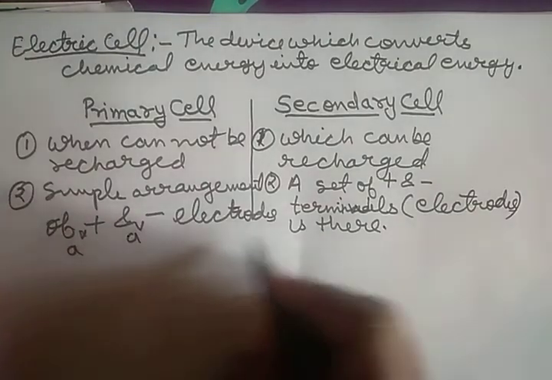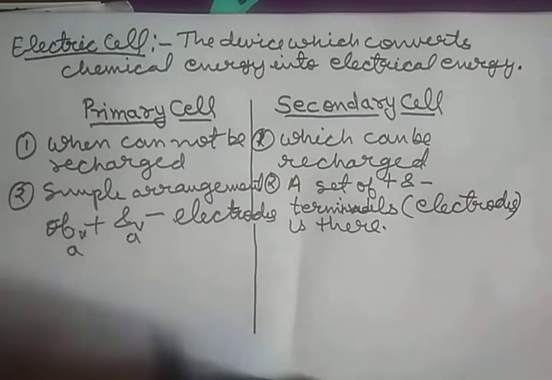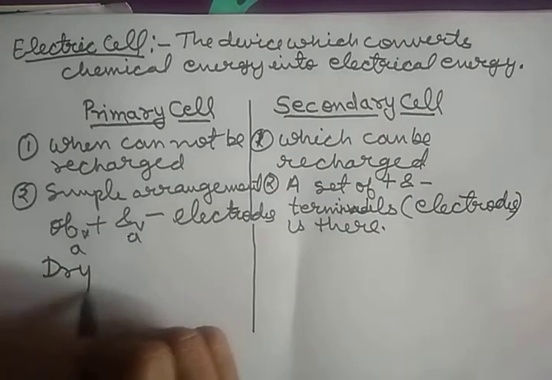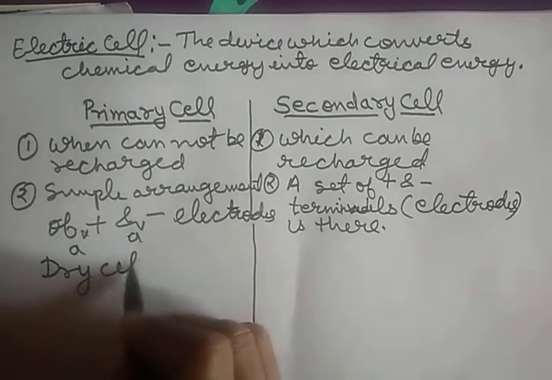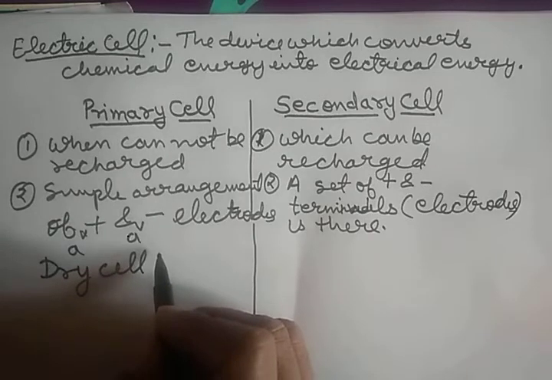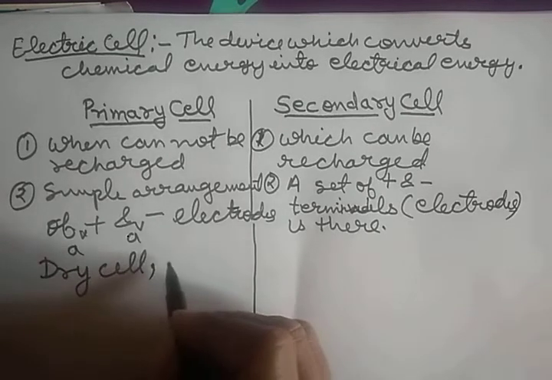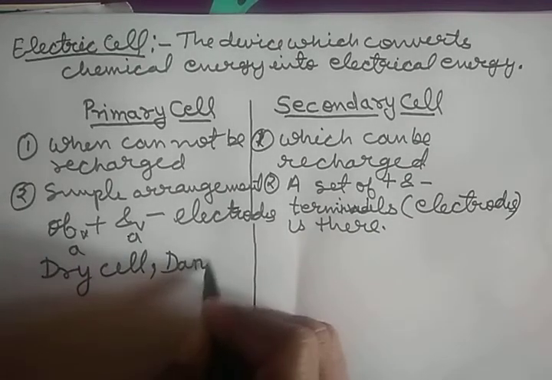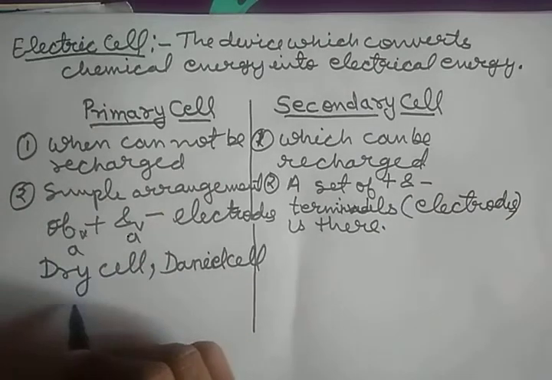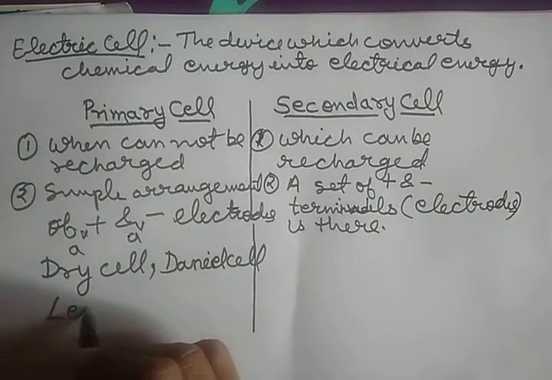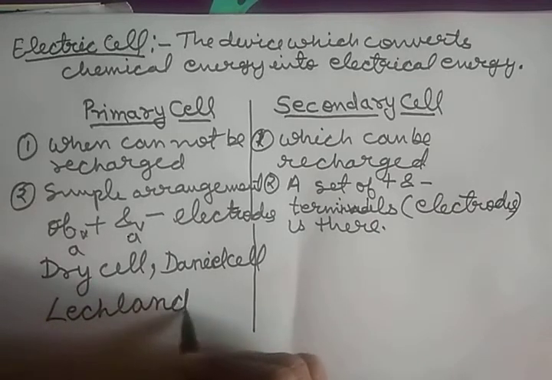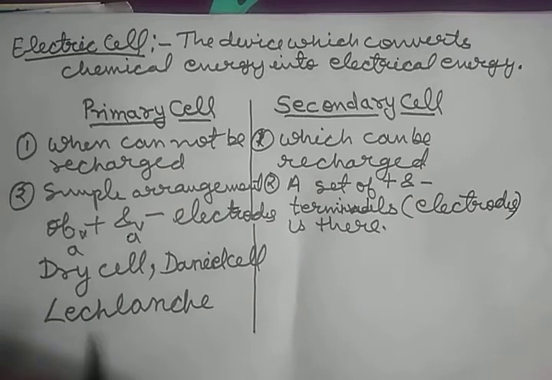Primary cells, like ordinary dry cells which we often use, there are some others also called Daniel cell. There is Leclanche cell. Oh, don't get troubled.